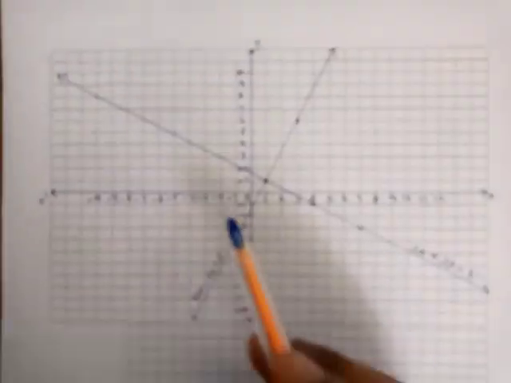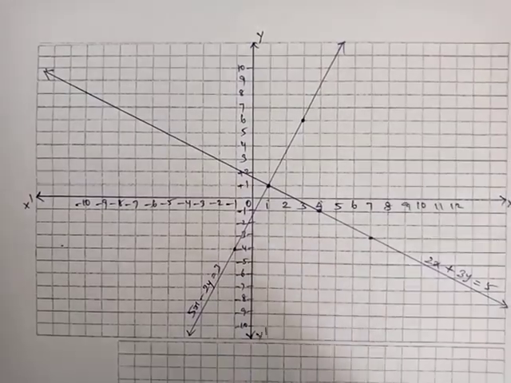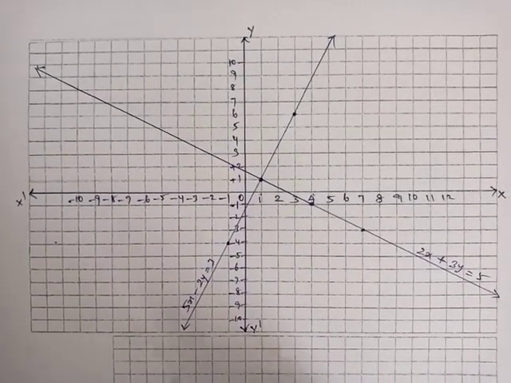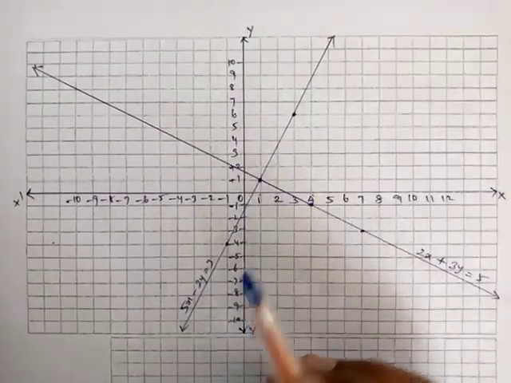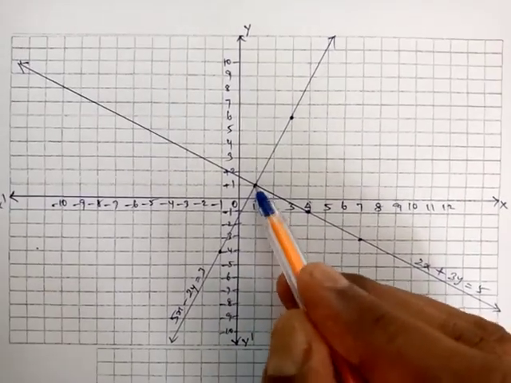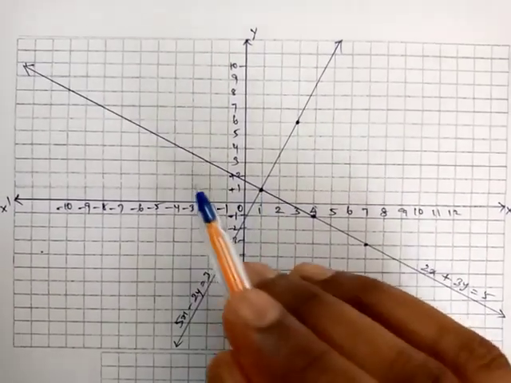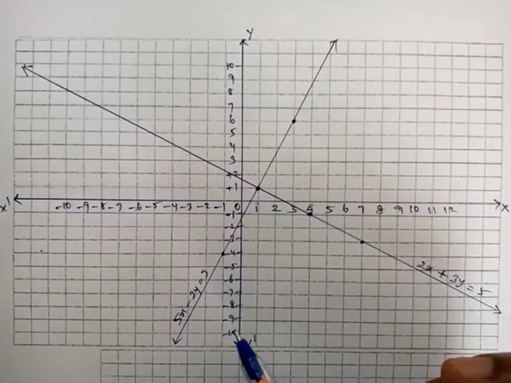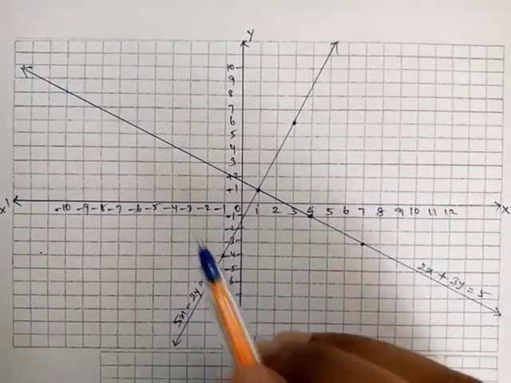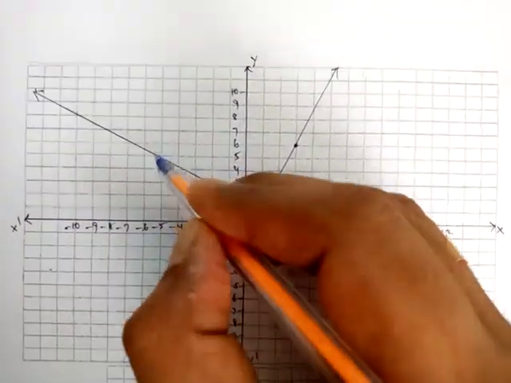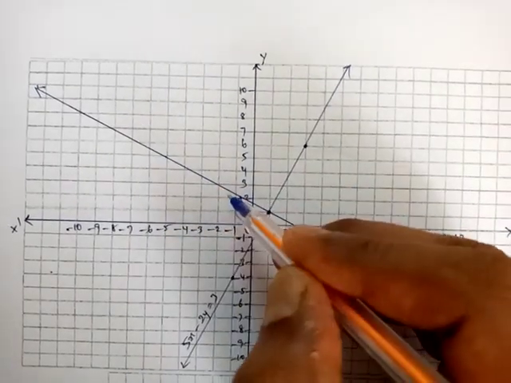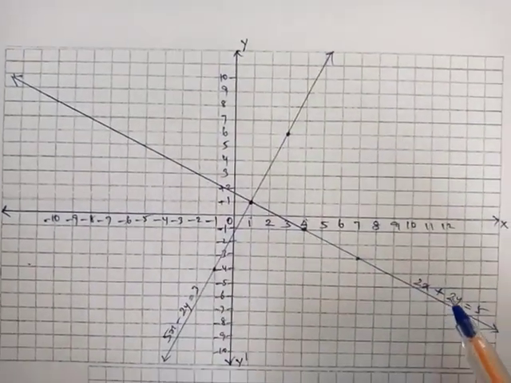Now see that these 2 lines are intersecting, right? Where they intersect, see this 1 comma 1, that is the solution for these 2 lines. Actually in 9th standard we studied that each and every point on this line is a solution of this line, right?